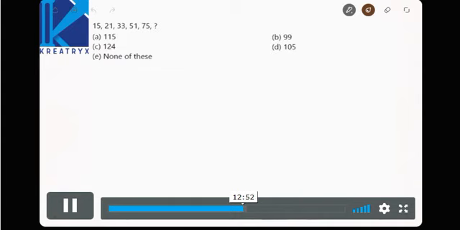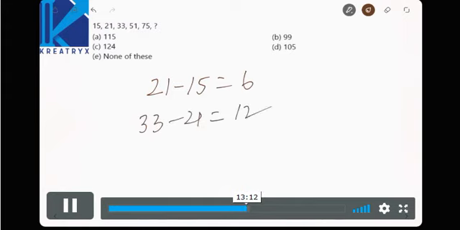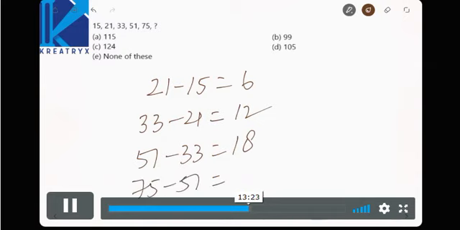Next one, 15, 21, 33, 51, 75. Find out the last one it seems. So what is the series followed here? See here, 21 minus 15 is equal to 6. 33 minus 21 is equal to 12. 51 minus 33 is equal to 18. 75 minus 51 is equal to 24.